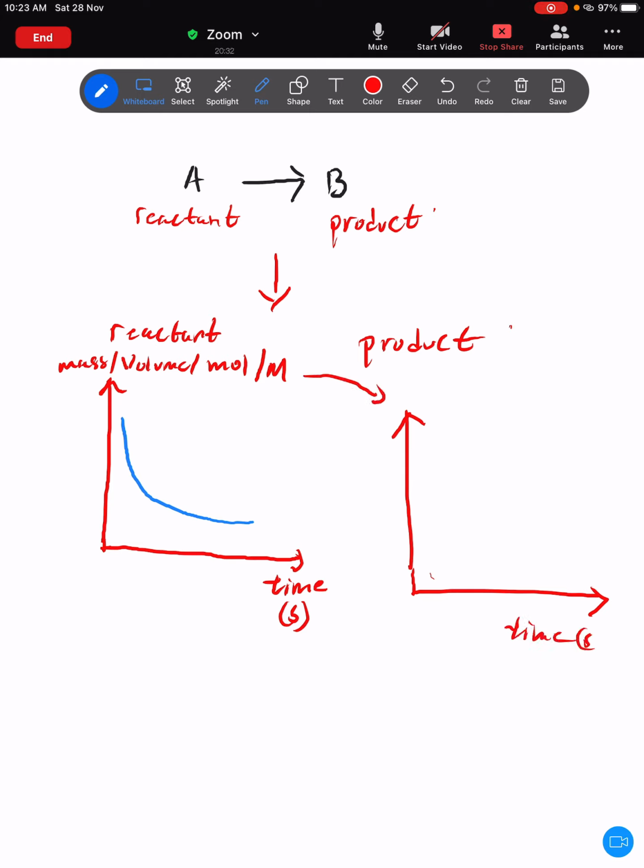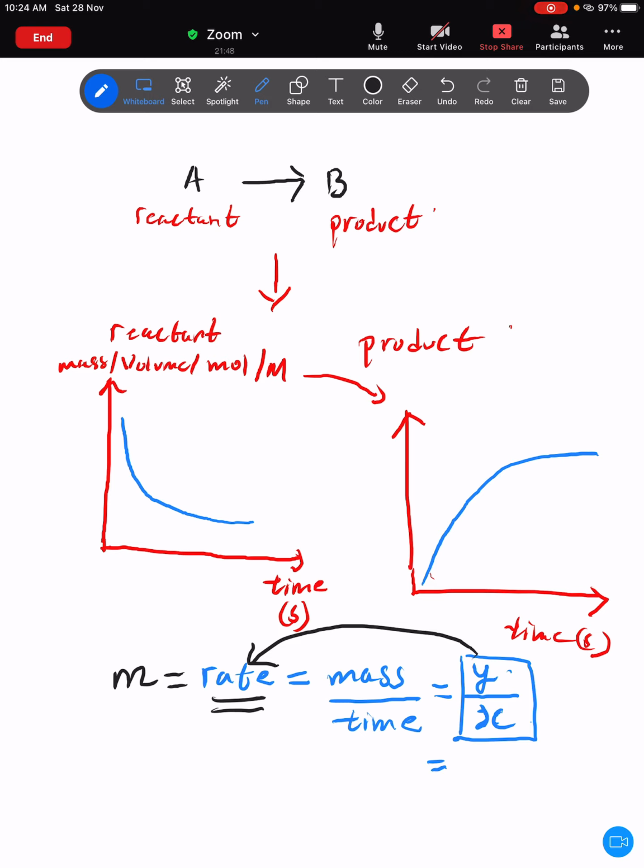Y and X. By just looking at the formula y over x, you have learned in your mathematics, y over x actually refers to the rate, and y over x also refers to the gradient of the graph. Actually, if they ask you to calculate the rate of reaction from the graph, they actually want us to calculate the gradient of the graph.